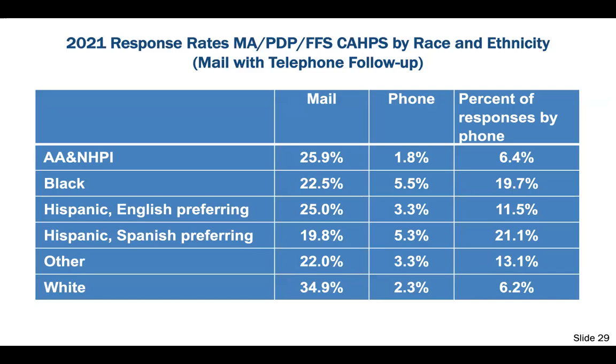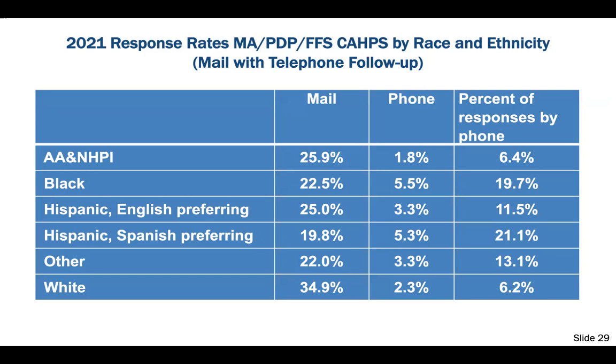So here's an example of what you see right now on the Medicare CAHPS surveys. This is a survey that has a mail with telephone follow-up of non-respondents. So if you take the mail column and phone column and add them up, you'll get the overall response rate.